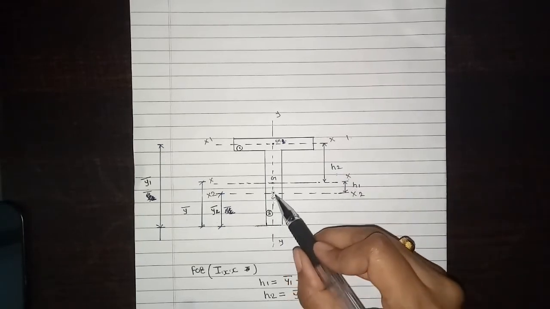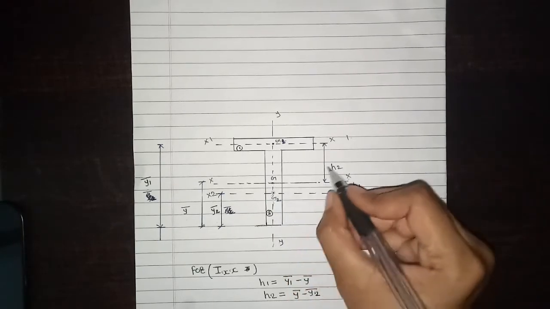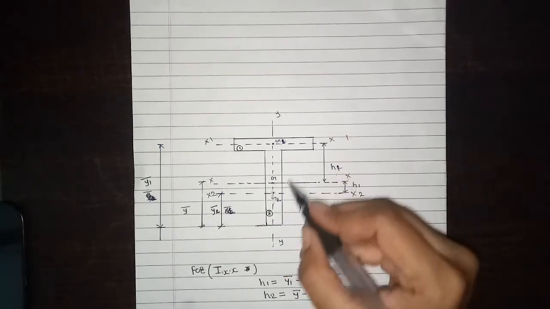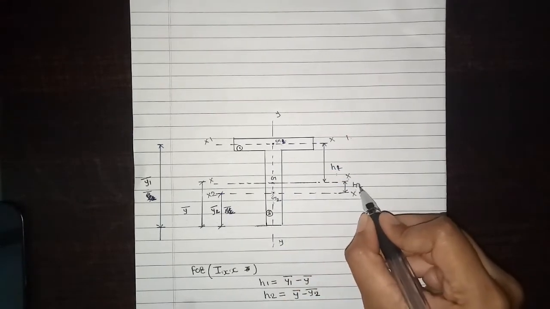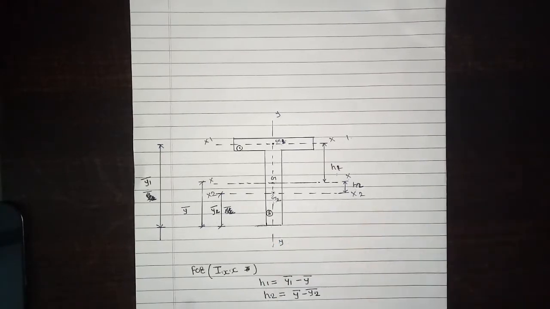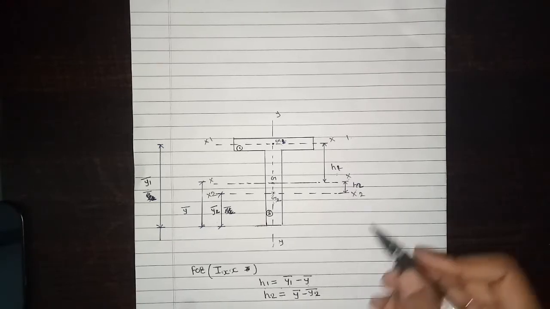H1 is the distance between G2 and G1, and H2 is the distance between G2 and G2. So H1 for Ixx, the moment of inertia about the x-axis, is equal to y1 bar minus y bar.